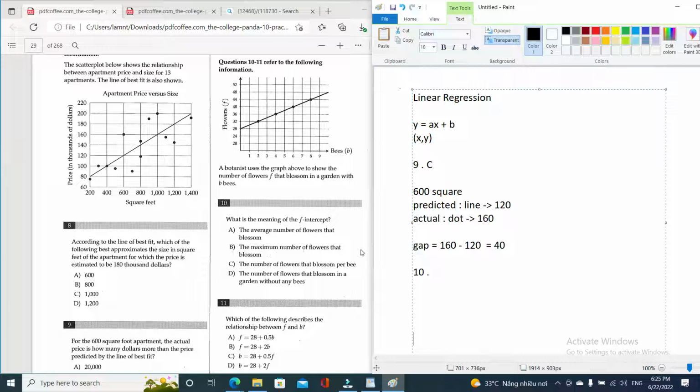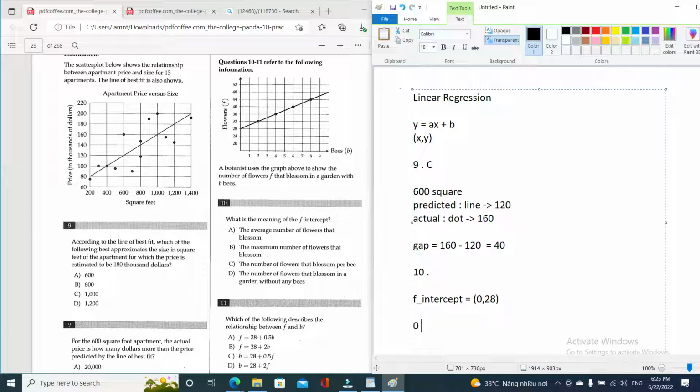Let's write down the coordinates: it's 0 and 28. This 0 corresponds to B equal to 0.